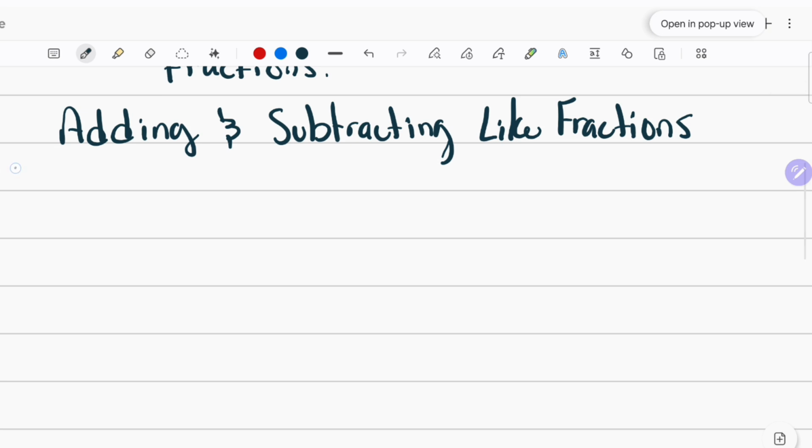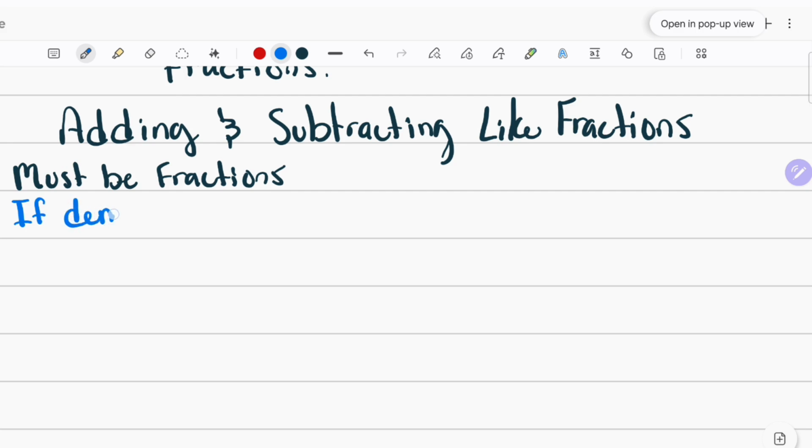Step one. Make sure you've got fractions. All right? Make sure you've got fractions. Step two is different this time, though. Step two is, if denominators are the same, not denominator, my dyslexia kicking in.